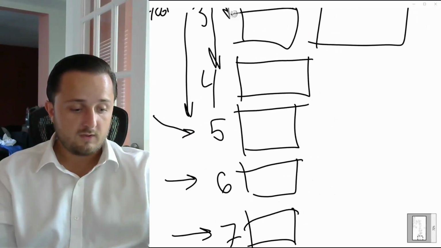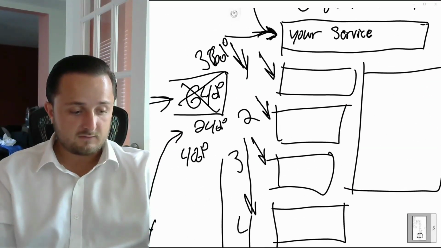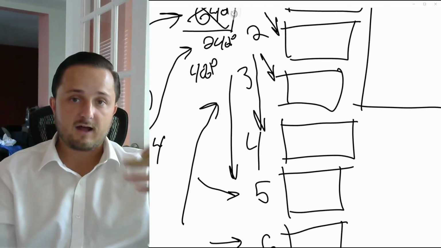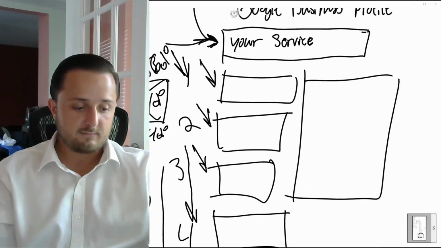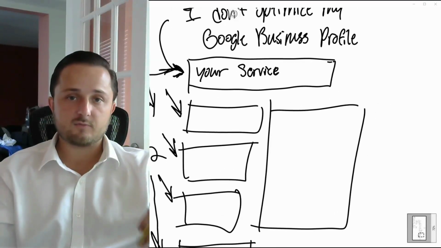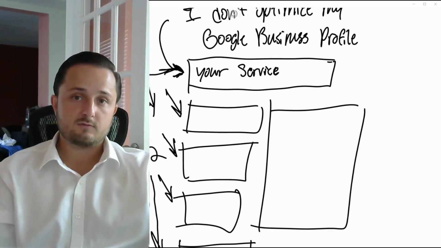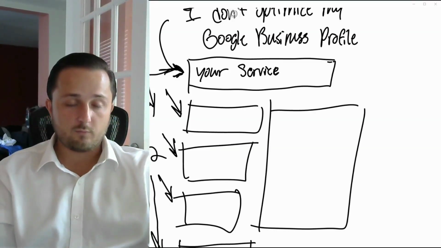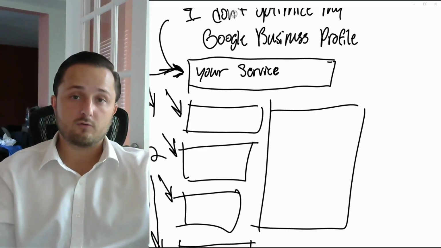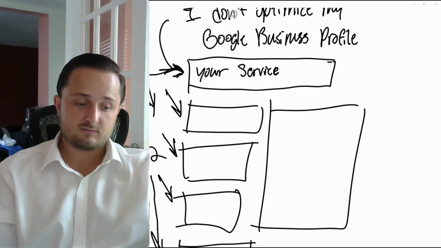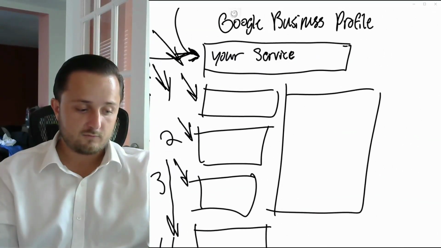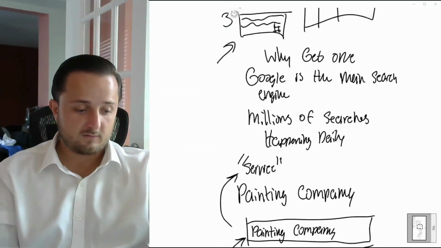So the goal with SEO is to get your profile in at least the top 3. That means anytime someone local around you is searching for your services, what we want to happen is that your Google Business Profile will appear in that top position. This is where a majority of the traffic goes. So that's the Google Business Profile.